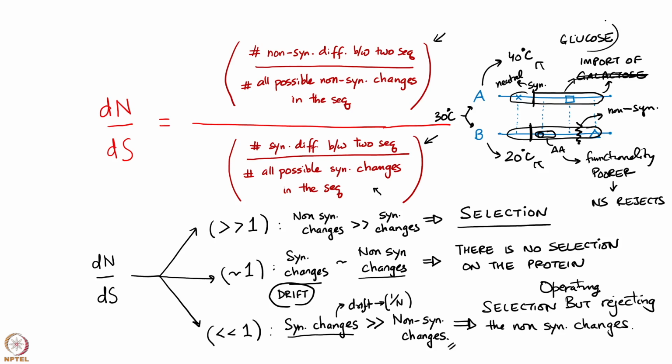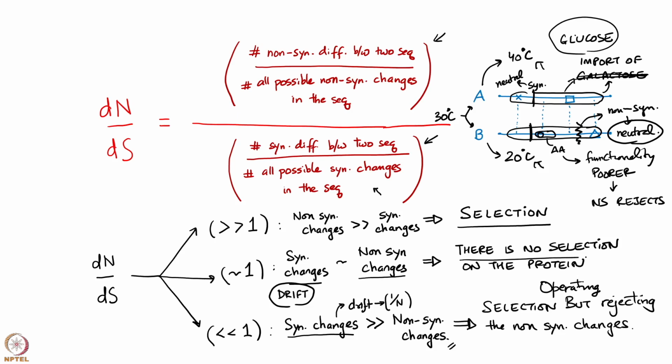The cell needs to use the glucose transporter, and this gene is not under selection because in the environment that they are present in, the galactose transporter is no longer needed. Hence, even a non-synonymous change gets treated as a neutral case, and that is only in the scenario when the gene that you are comparing is not under selection.